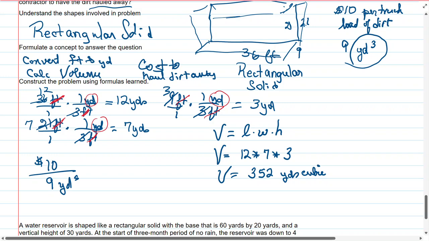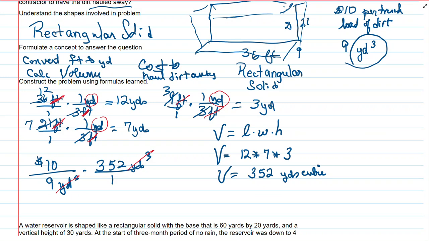Formulate a concept. What do they want? Okay. At the start of a 3-month period of no rain, the reservoir was down 4 yards. How much water was used in the 3-month period? Now, it's saying it was down 4 yards. Okay, so we need volume of full of water in the reservoir.